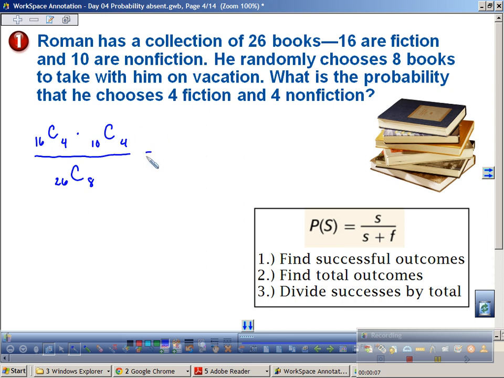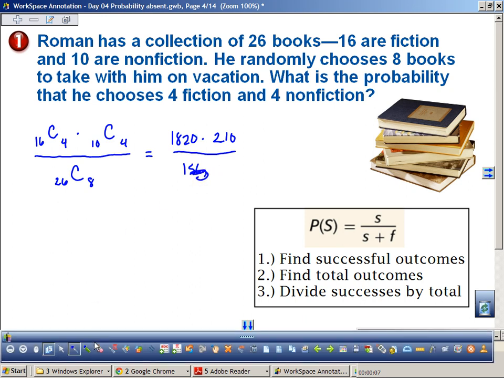So if I were to put this in my calculator, 16 combination 4 would be 1820. And 10 combination 4 would be 210. And I'm going to divide that by 156,000. Sorry, I had that wrong.